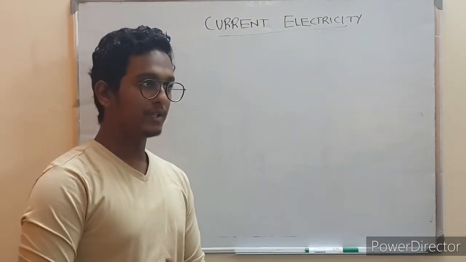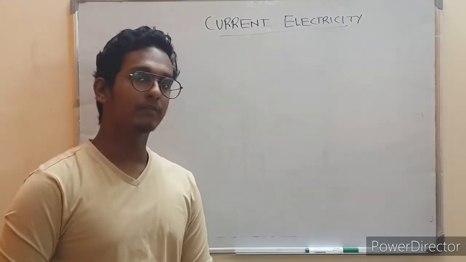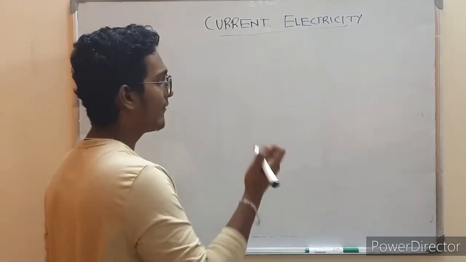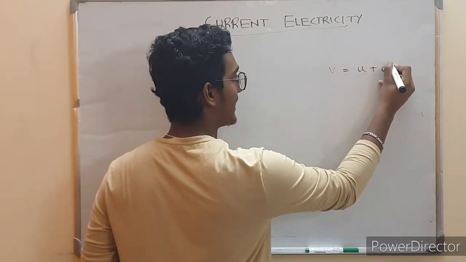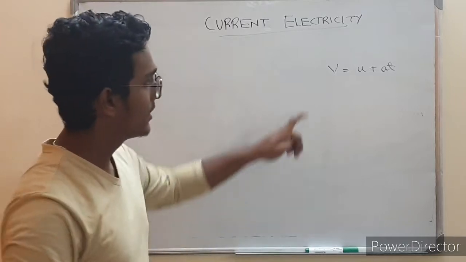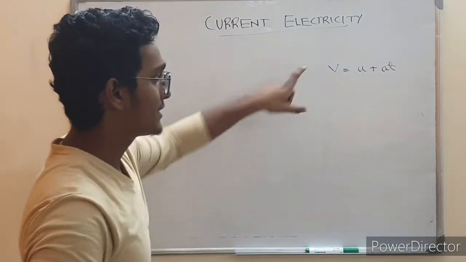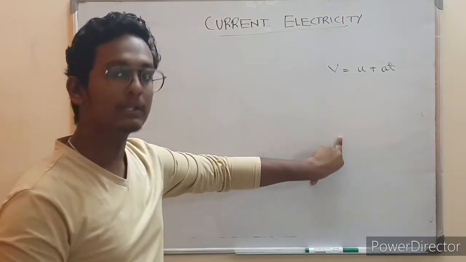So to derive the drift velocity of electrons, this is all we are doing on the basis of the equations of motion. So we have the normal equation that V is equal to U plus AT. This is basically the equation we are going to use. But here there are some quantities we don't know. First of all, we are going to assume this condition as soon as an electron collides with another one.